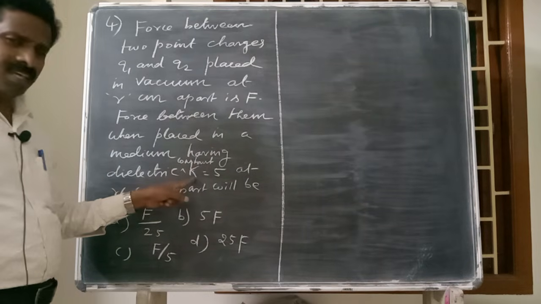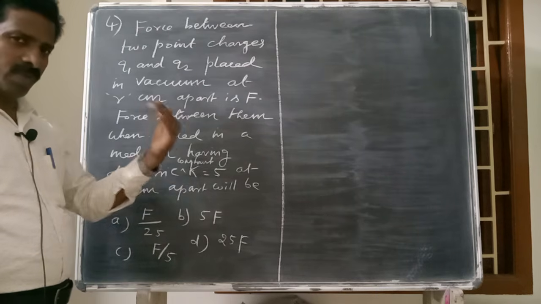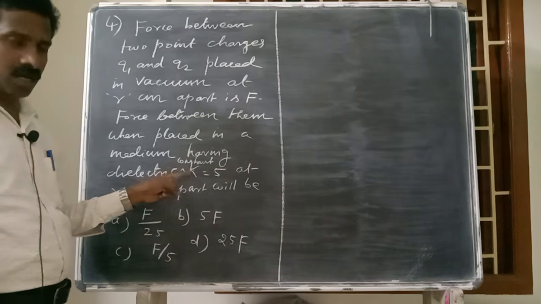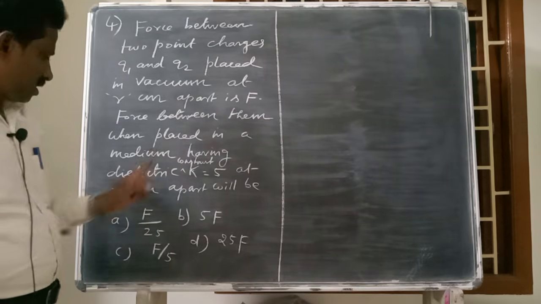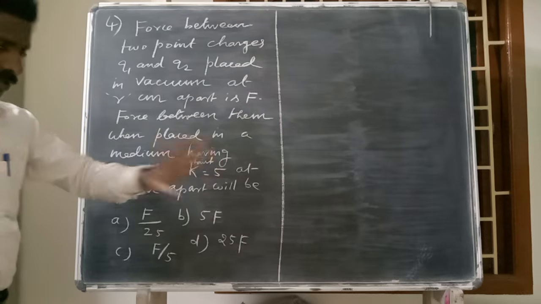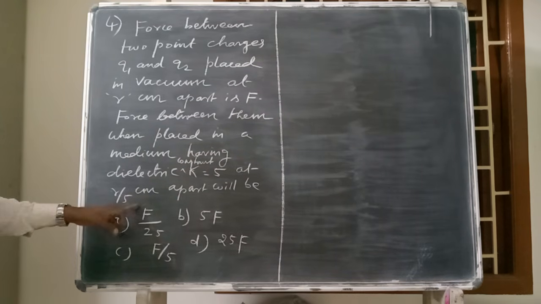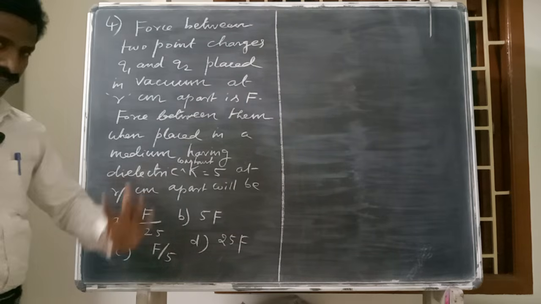Actually this should not be k, because k represents 1 by 4 pi epsilon naught. So actually it is not k, it is epsilon r, dielectric constant of the dielectric medium. At r by 5 centimeter apart will be what? Options are given. Option A F by 25, option B 5F, option C F by 5, option D 25F.